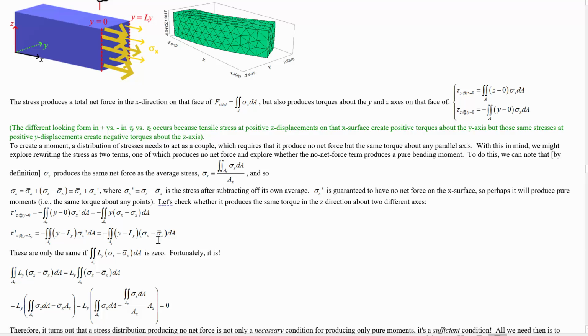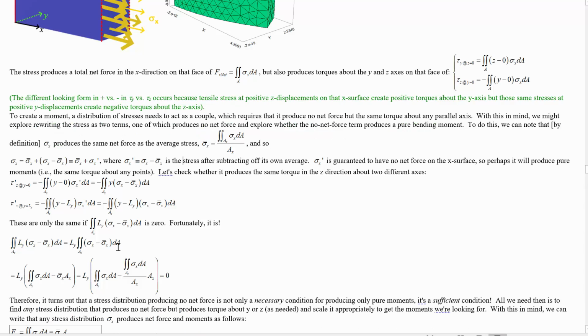And when you substitute this in, you need these two things to be the same for this to be producing a pure moment. It produces no force because of the condition that we subtracted off the average stress already. But does it produce the same torque about these two parallel axes? It does, as long as the extra term that we have in this integral is always 0. And it is. Why?